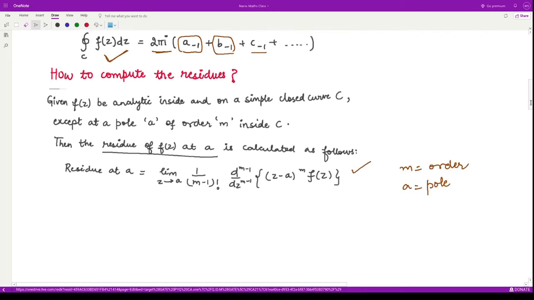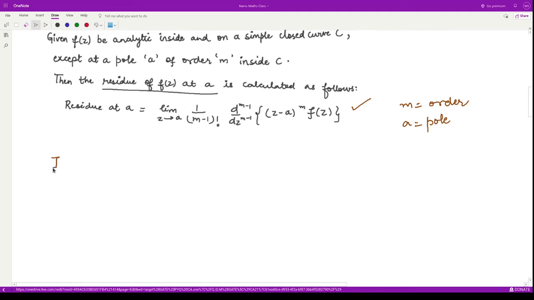So let us get started. Here our I is given to be the integral over C of the function (sin(pi z/2) plus cos(pi z/2)) divided by (z minus 1)(z minus 2).